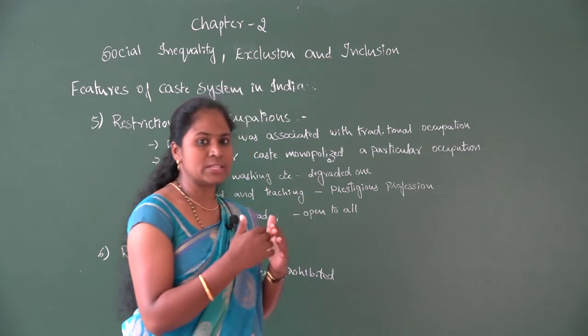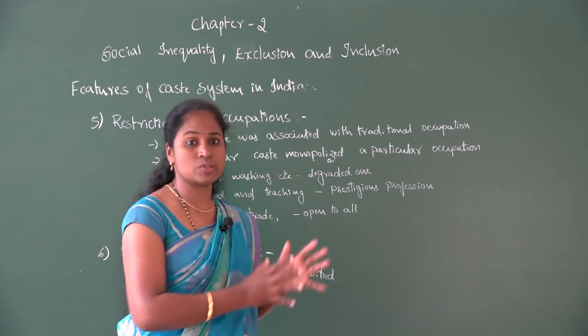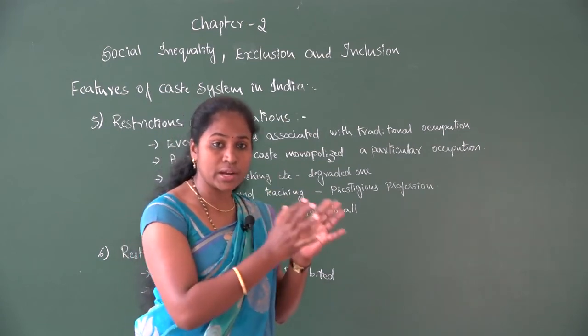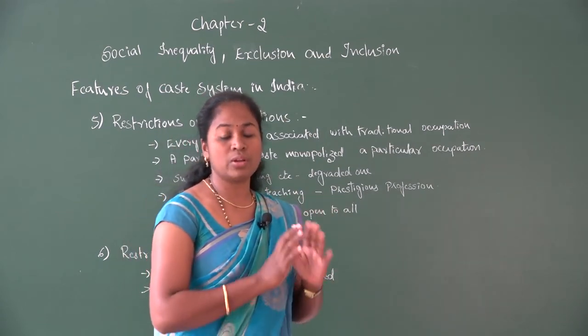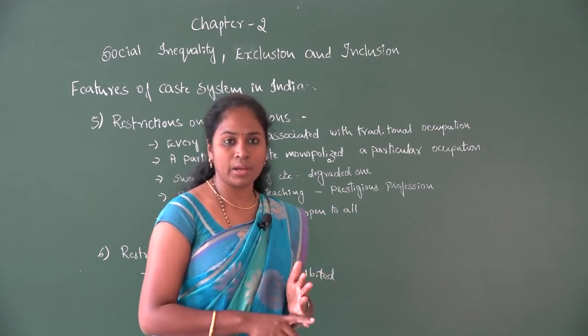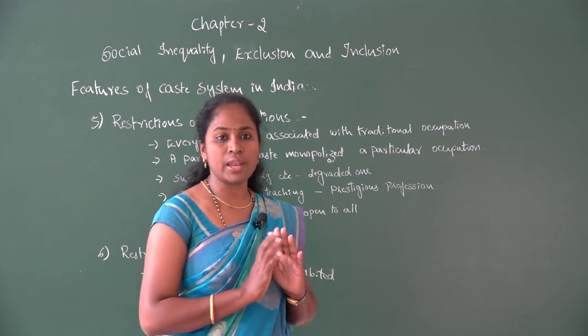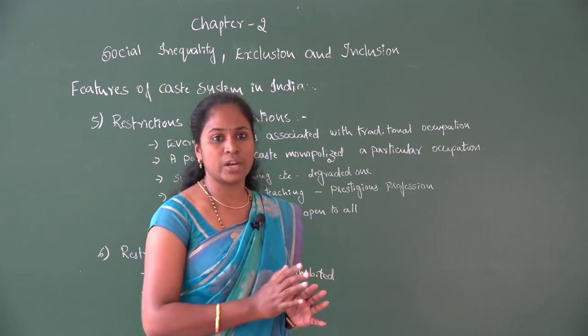Which caste has to do which type of occupation was reserved in the society. They did not have any choice to select an occupation. Even if they had the ability and interest, they were not allowed to take any other occupation. It was restricted for them.